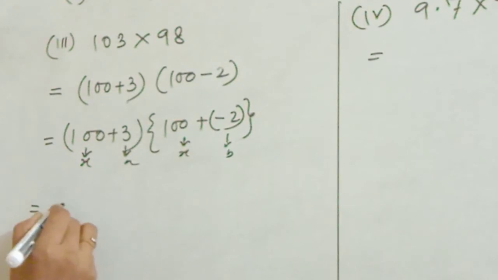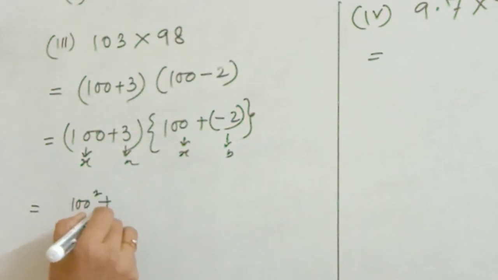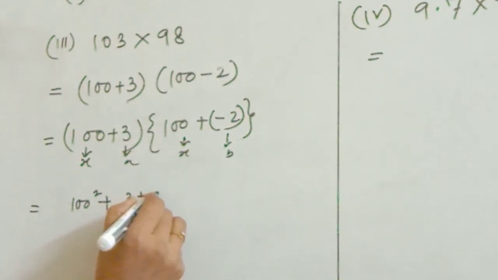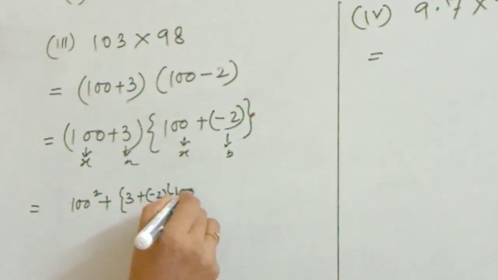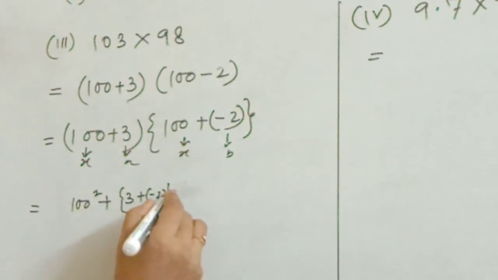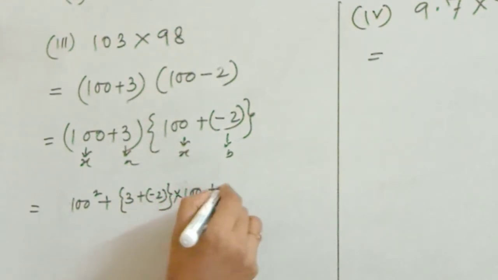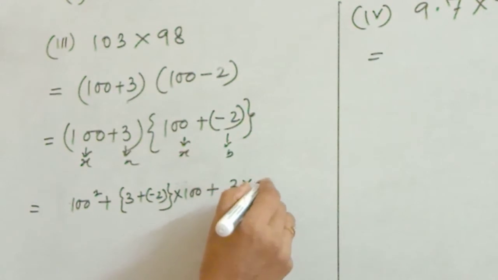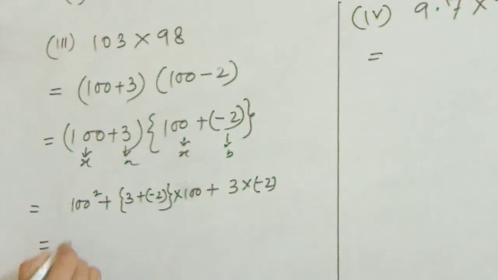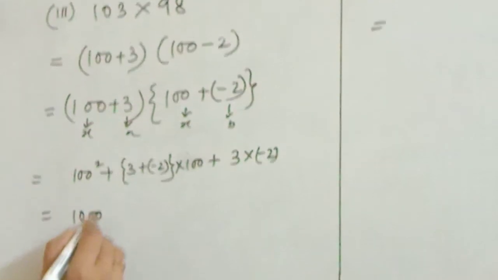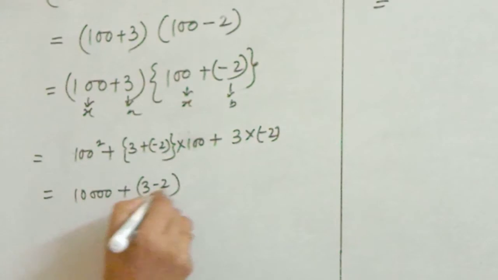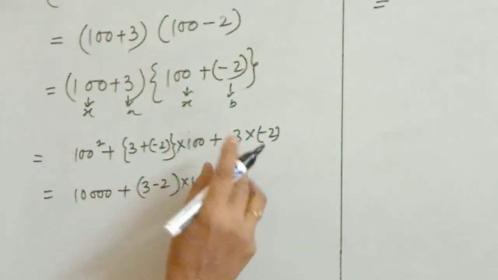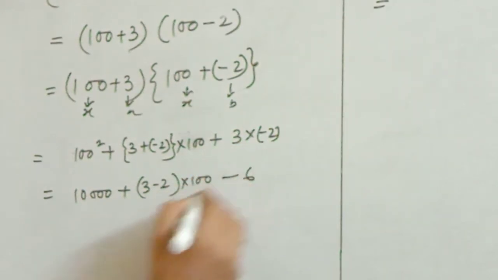So we can write in this way, x square means 100 square, plus 3 plus minus 2, that is a plus b into x, plus a into b, 3 into minus 2. 100 square means 10,000, plus 3 minus 2 into 100, 3 into 2 is 6, minus 6.